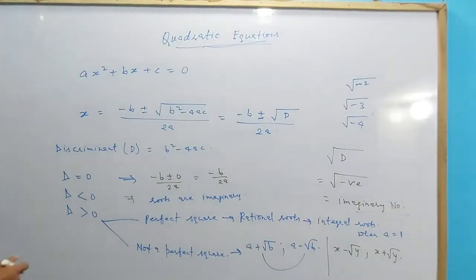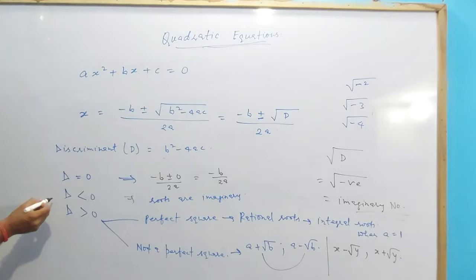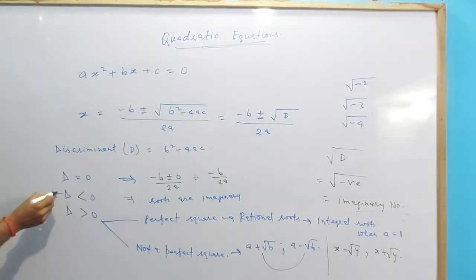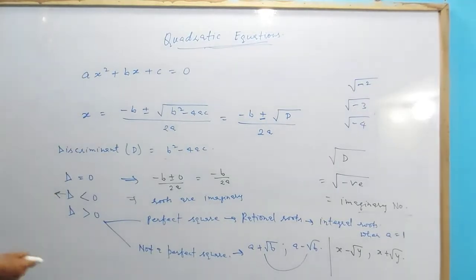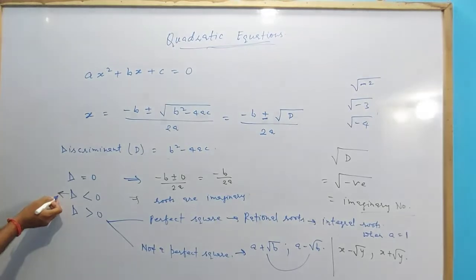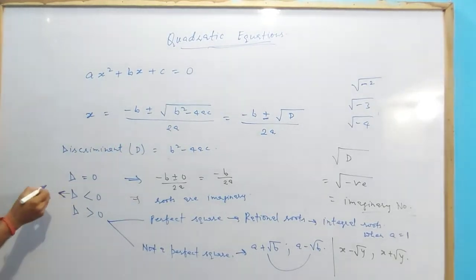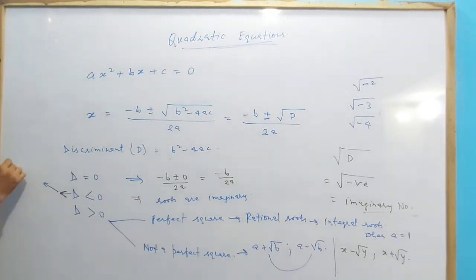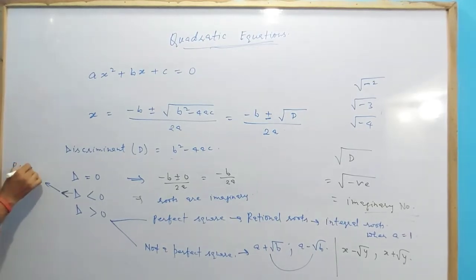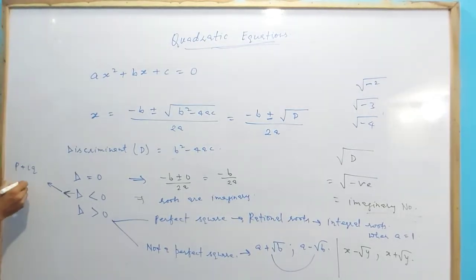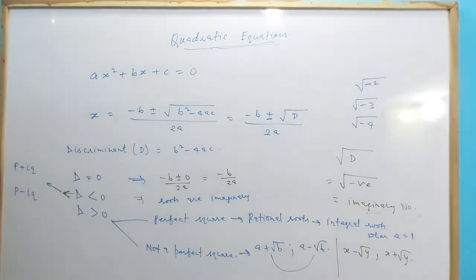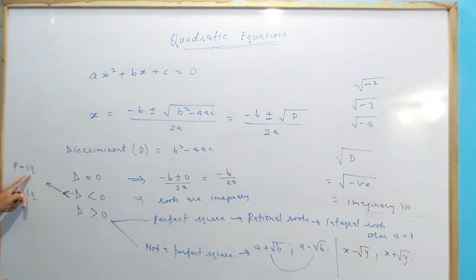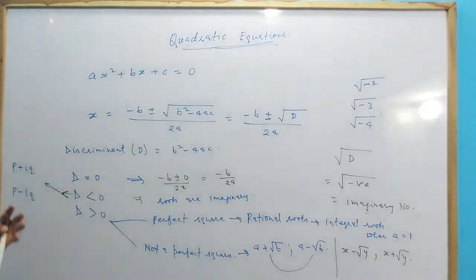Similarly, when D is less than 0, the roots always come in conjugate form. They will come in the form of, suppose p plus iq is one root, then its conjugate p minus iq will be the other root.